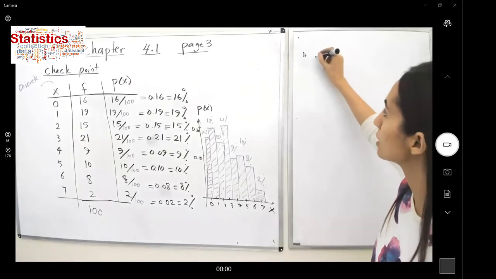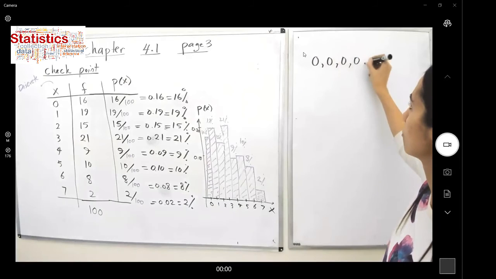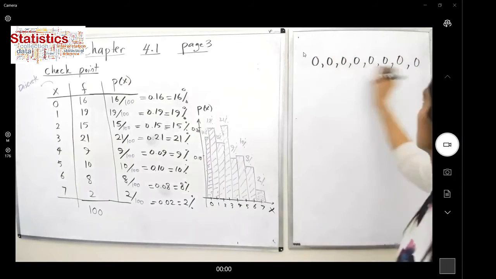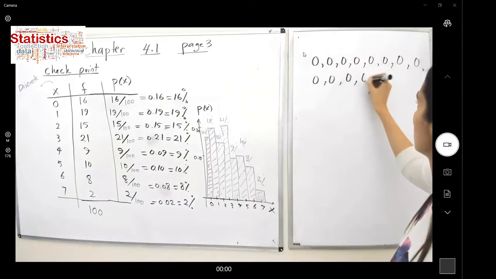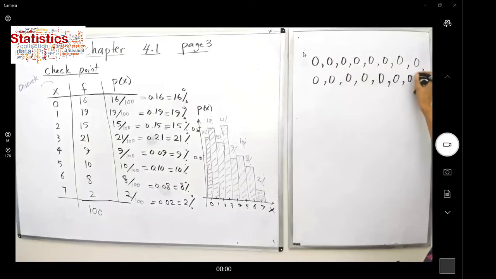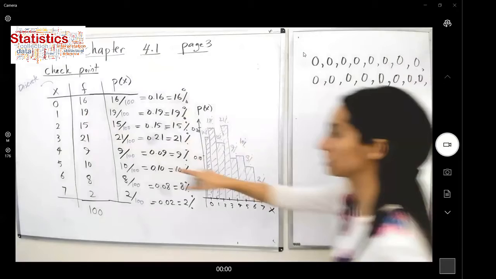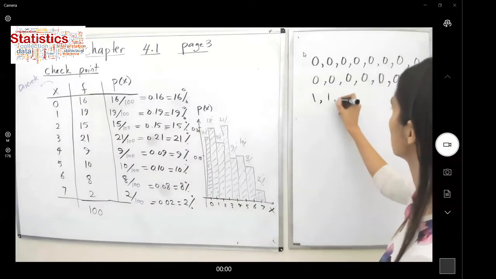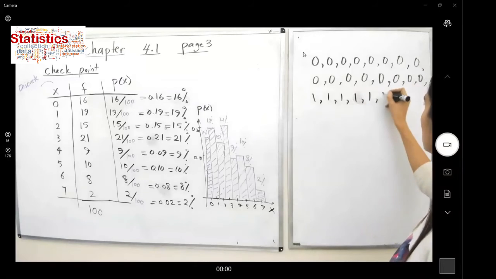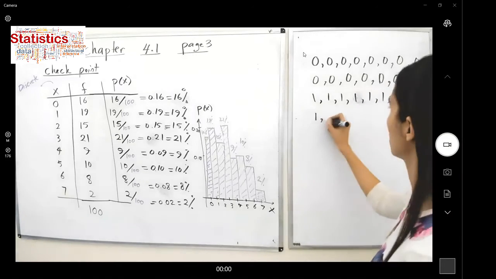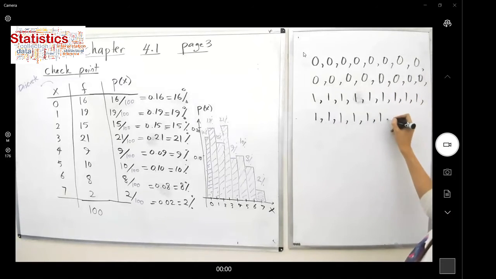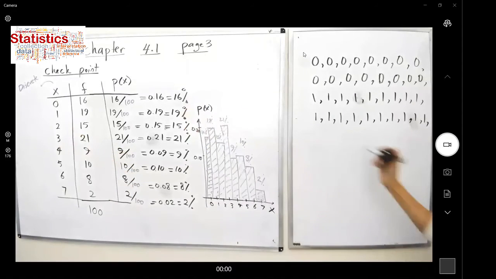It means that 0 is repeated 16 times. 0 is repeated 16 times. 1 is repeated 19 times because it is 19. 2 is repeated 15 times.